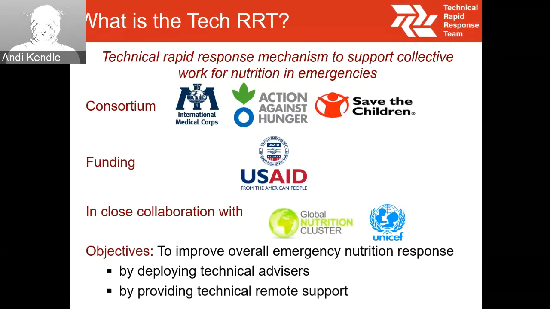We have advisors that work in CMAM, so community-based management of acute malnutrition, in infant and young child feeding in emergencies, in social behavior change, and in assessments for nutrition. So for the infant and young child feeding in emergencies advisor, in general, we're trying to advance that work, and part of it we had wanted to work in line with this year's World Alliance for Breastfeeding Action.